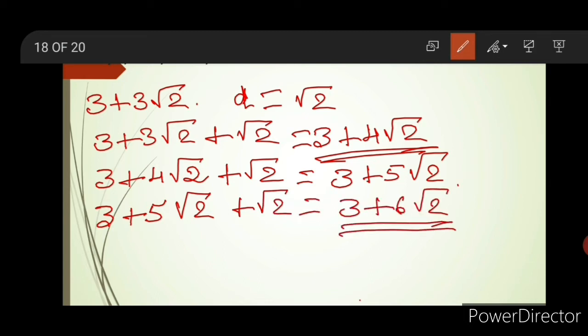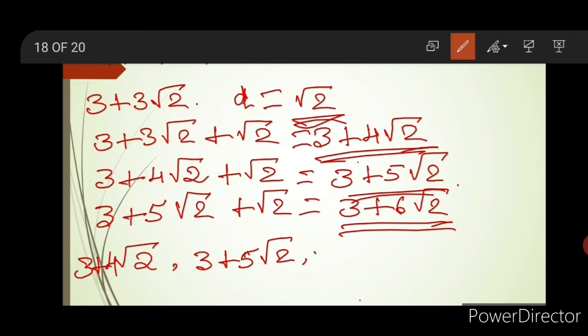Therefore the next terms of this AP are 3 plus 4 root 2, then 3 plus 5 root 2, then 3 plus 6 root 2.